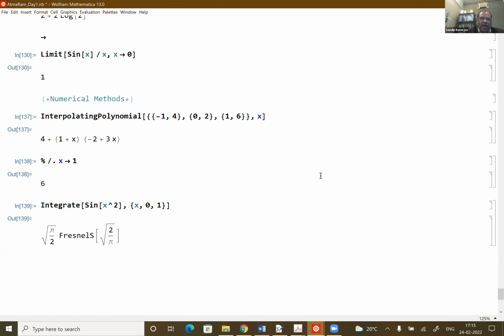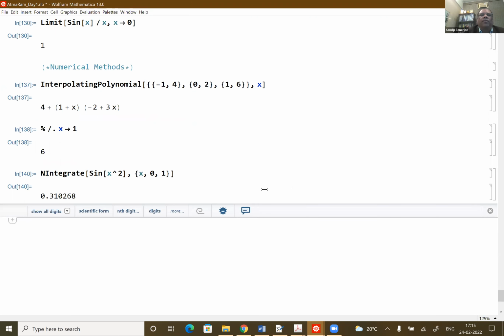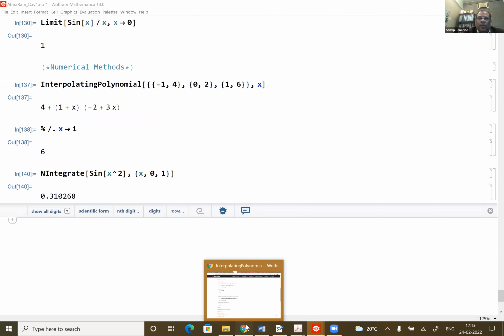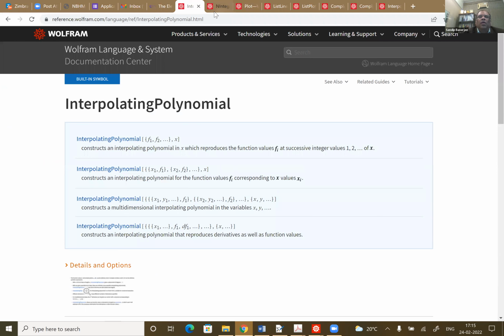Just to make it NIntegrate, so this will give you the numerical value.